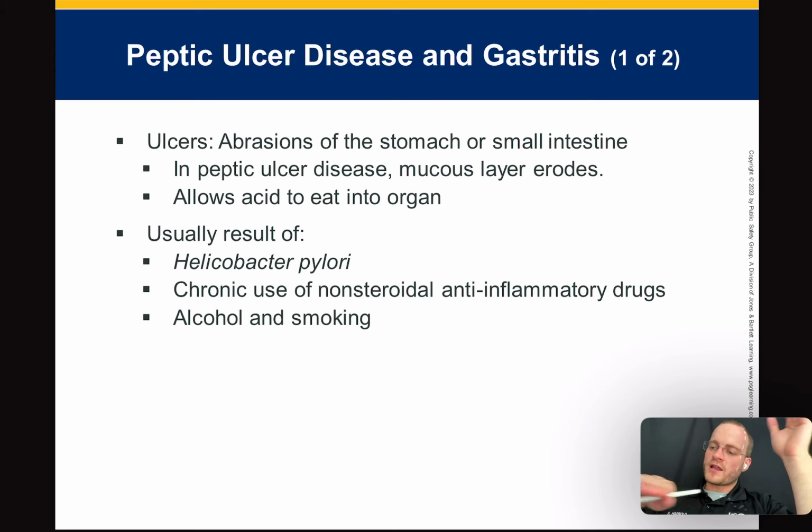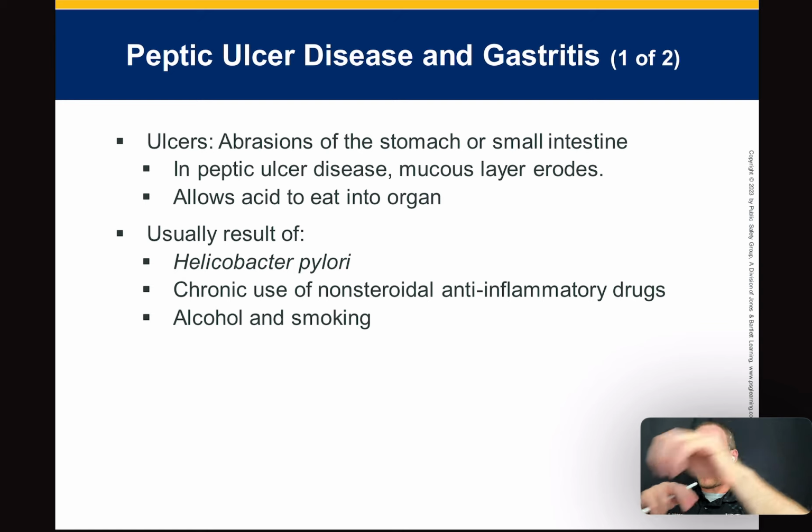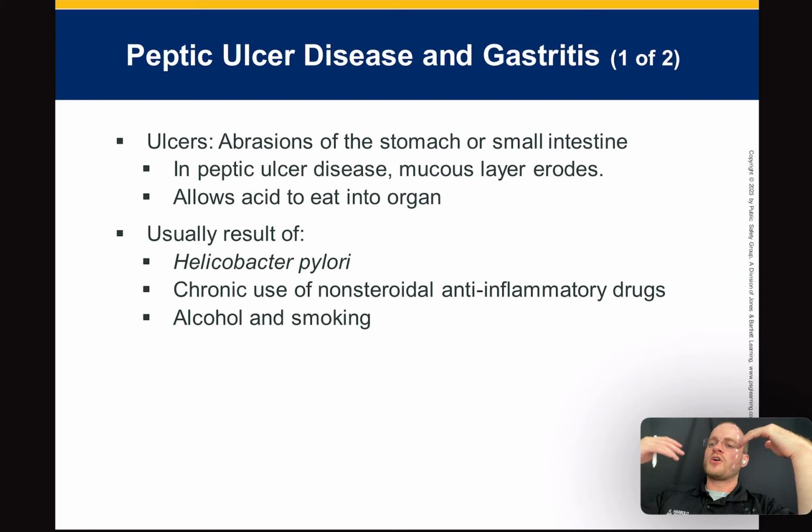You're scraping away the top layer of the bowel or the stomach, and of course, if I were to do that to your skin and just keep rubbing and rubbing and rubbing, it's going to bleed. And as you can imagine, as food and acid goes past this, it's painful, one. Two, it doesn't heal very well because it's constantly being irritated by acid and food. So it can be very difficult to heal completely. So you end up with chronic disease with this.